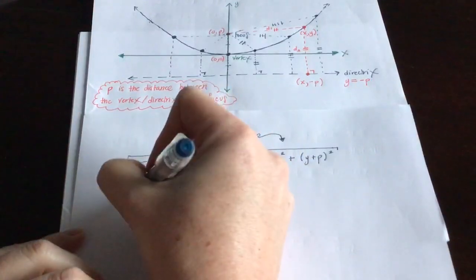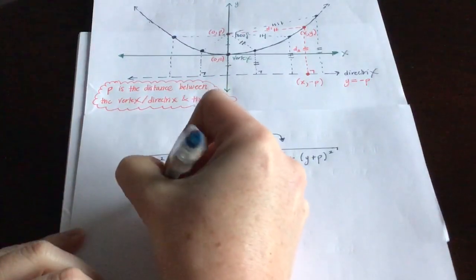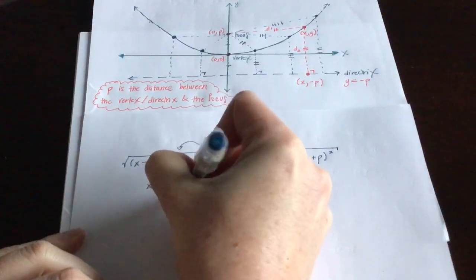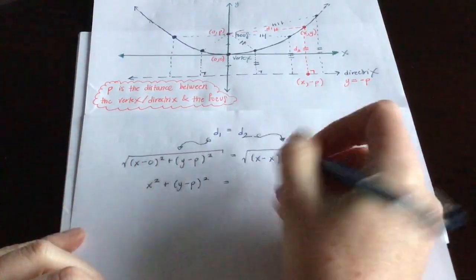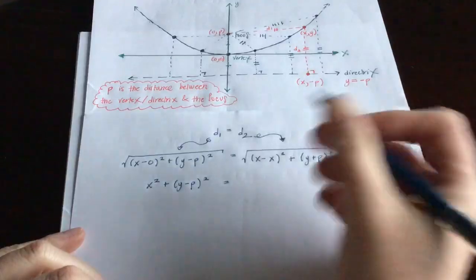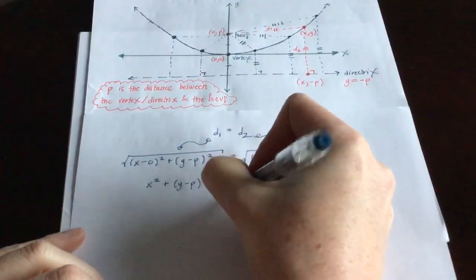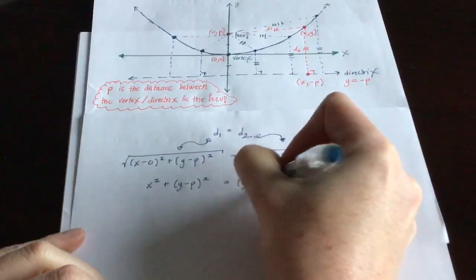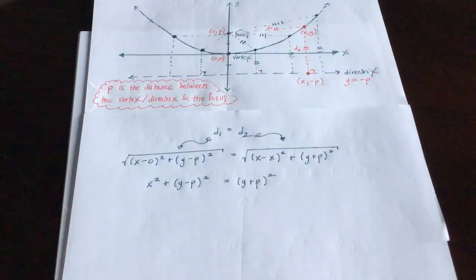So we'll have x squared plus (y minus p) squared equals, and x minus x is just 0, so on the right side, we just have (y plus p) squared. Again, I just squared both sides to get rid of the square roots and then simplified underneath.